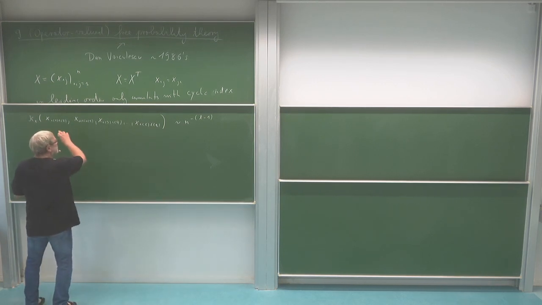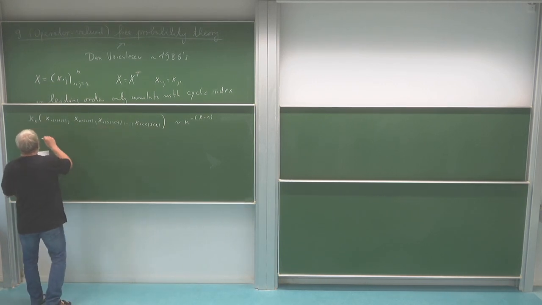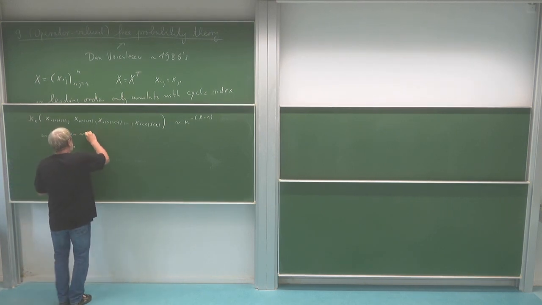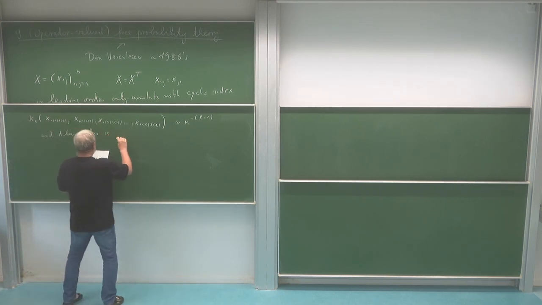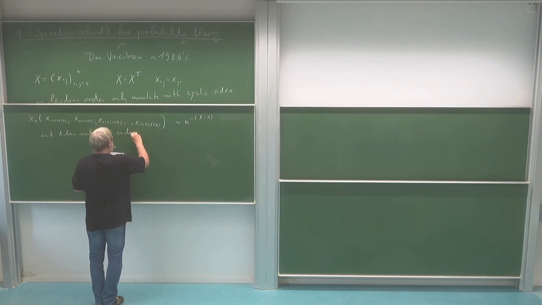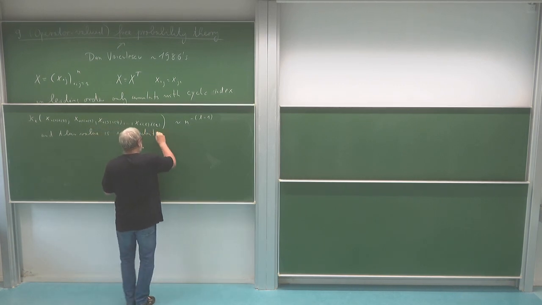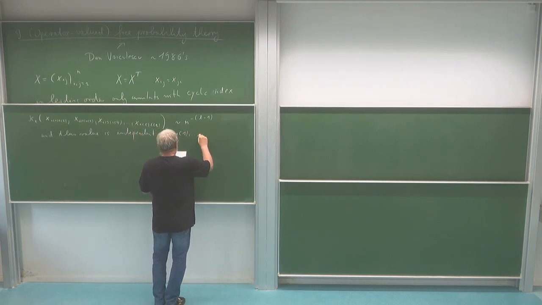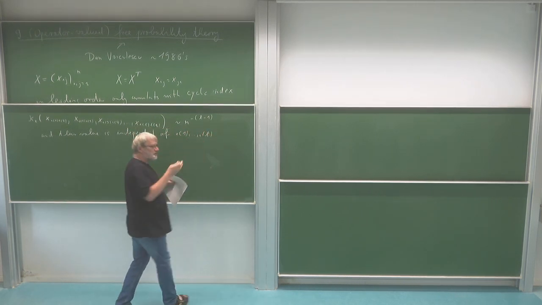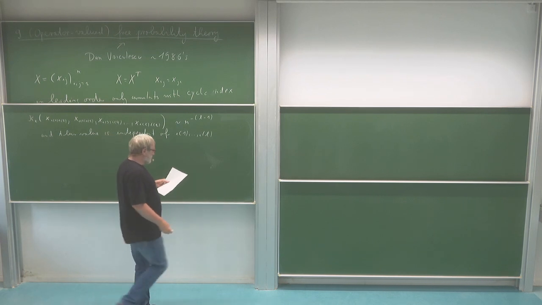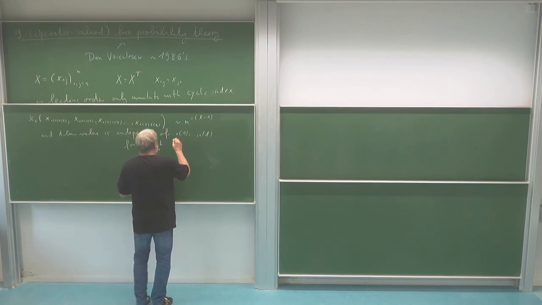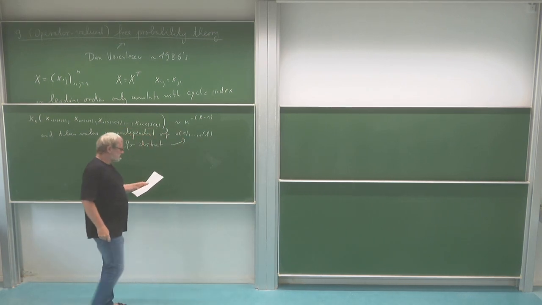This is of this order, and their value is independent of the actual choice of i1 up to iL, which of course are all indices between 1 and n, but let me assume them to be distinct.